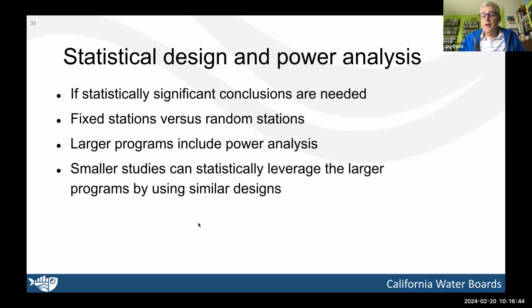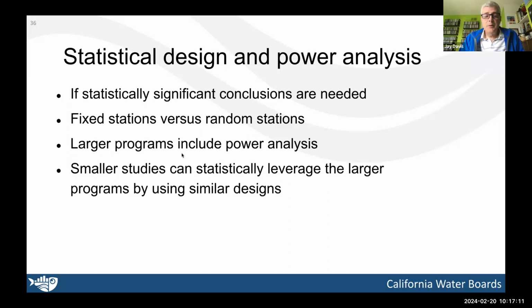So statistical design is another potential training topic, but if you need statistical conclusions, then you should think this through carefully. For a larger program, there's a question of fixed stations versus random stations. That isn't going to apply to smaller studies, but larger programs have included power analysis.